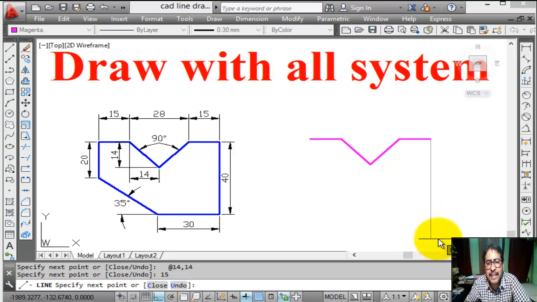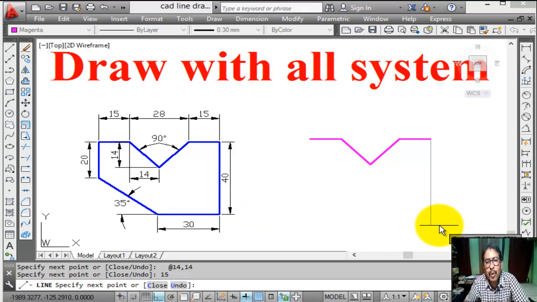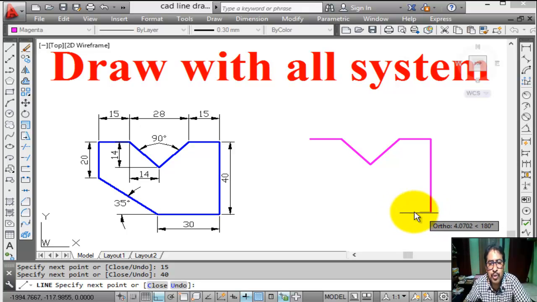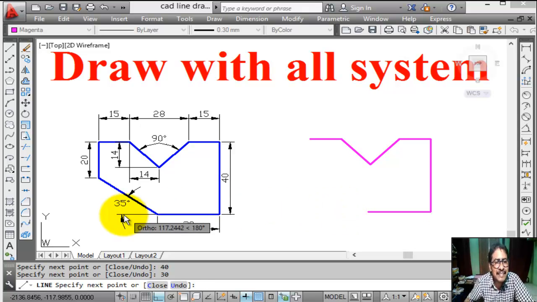Again, by using the direct distance method, mouse is in bottom side. This is 40. We just type 40, enter. Next, this is 30. In direct distance method, mouse in left side, we just type 30, enter.